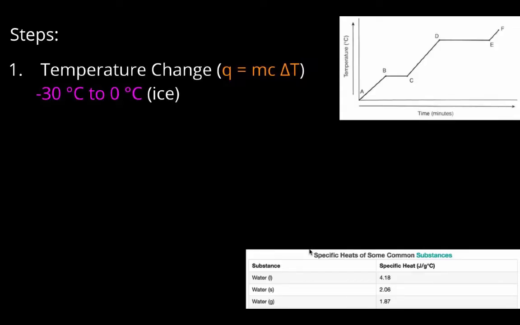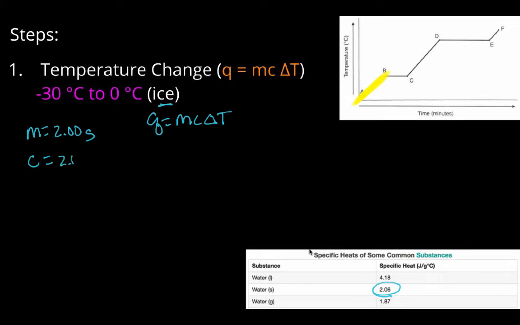So for this first one, this is this part of the graph right here. So I'm using Q equals MC delta T. So mass is going to be 2 grams for all of these. C, because I'm talking about C for ice, I want C for solid water.